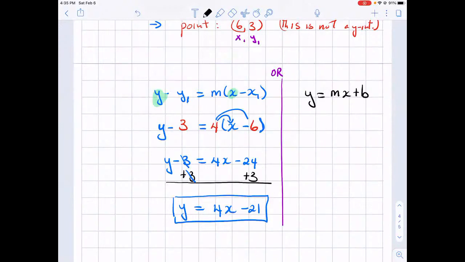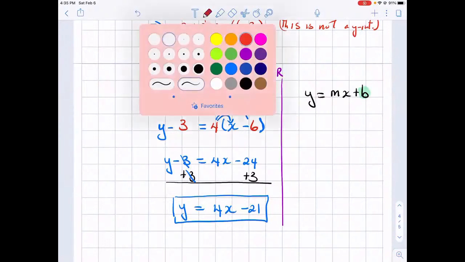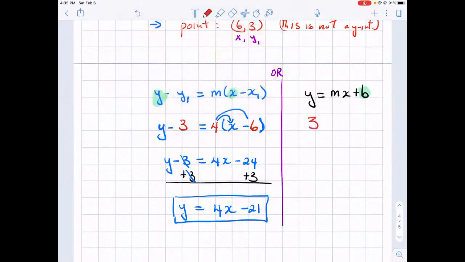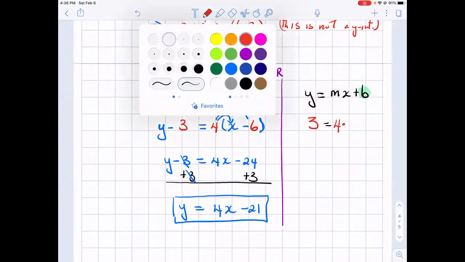Okay, do you want to use slope-intercept or point slope? Now if you notice b, we don't have b, so we will use this to find b first. So what we do in this case, instead of y, we're going to write 3. Instead of m, we will write the 4 that's given to us, times x, which happens to be 6.